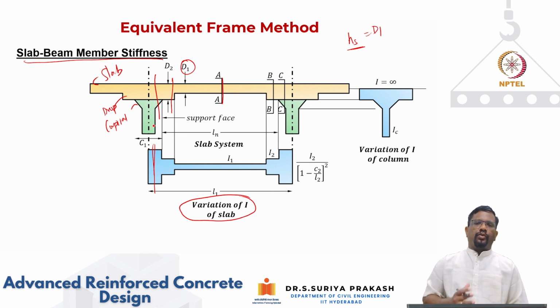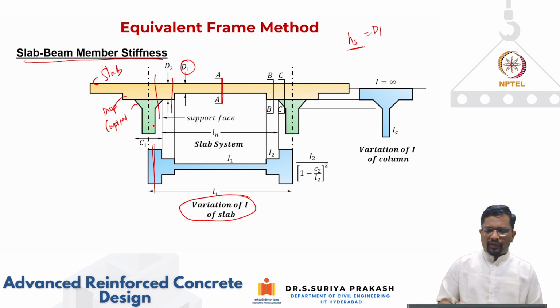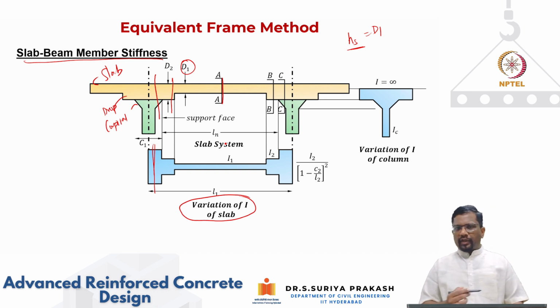But when you look at it only at the drop panel location, the moment of inertia is again going to reduce compared to that at the capital region. And then if you look only at the slab region, you're going to have a very low moment of inertia. So like this, the moment of inertia is going to change along the length of the member.